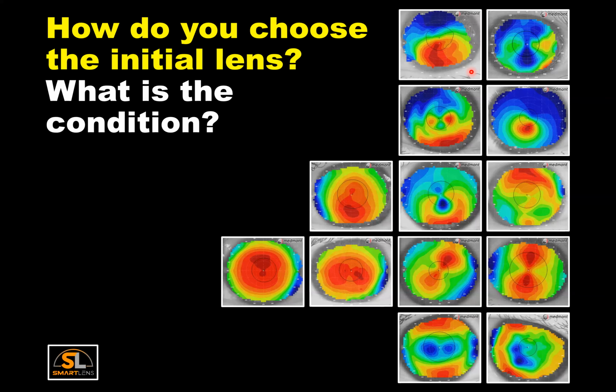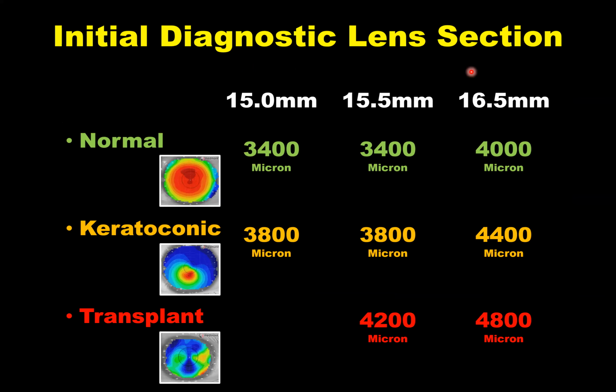It's as simple as saying, am I dealing with a normal cornea with ocular surface disease? If I'm choosing the small diameter lens or the medium diameter lens, I'm going to choose a 3400 micron sagittal depth.